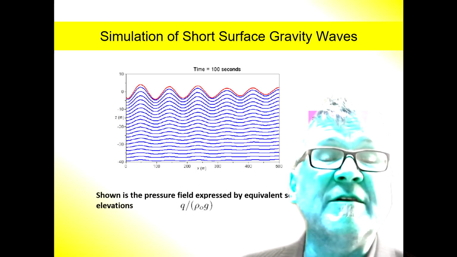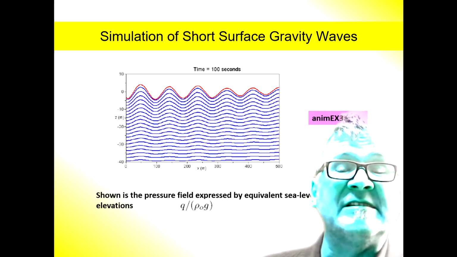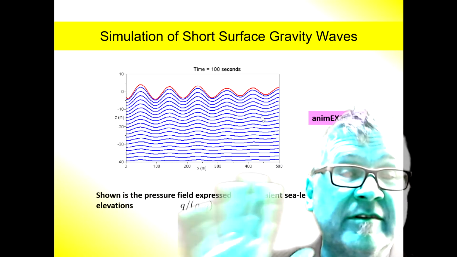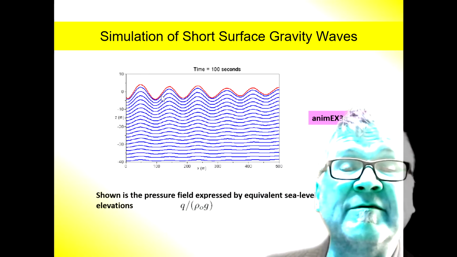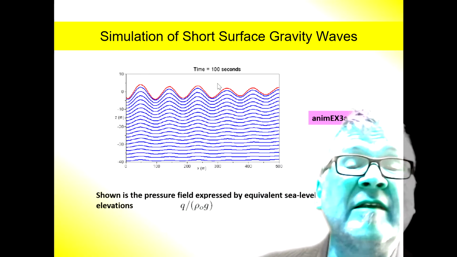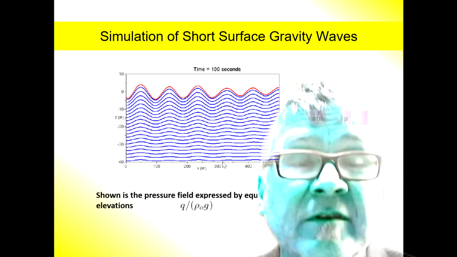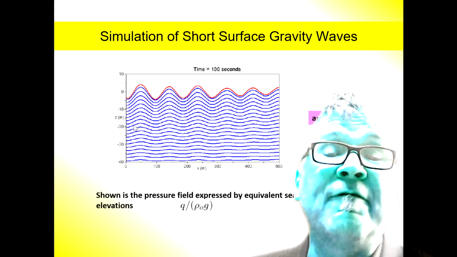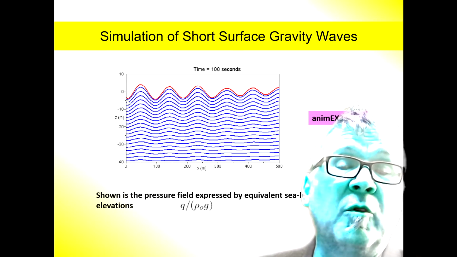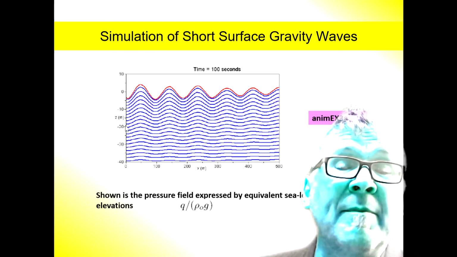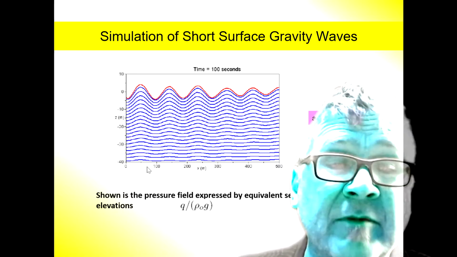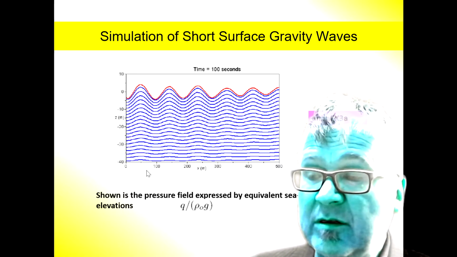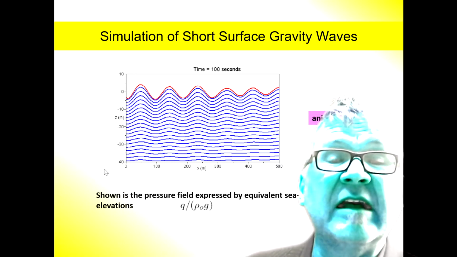So this is the pressure field expressed by equivalent sea level elevation. Here you look from the side and you can see the shape of the surface, and you can see how deep this signal penetrates. Only the upper 40 meters of the water column are shown, because there's not much happening below. Okay, and I'll show you the simulation on the next slide.